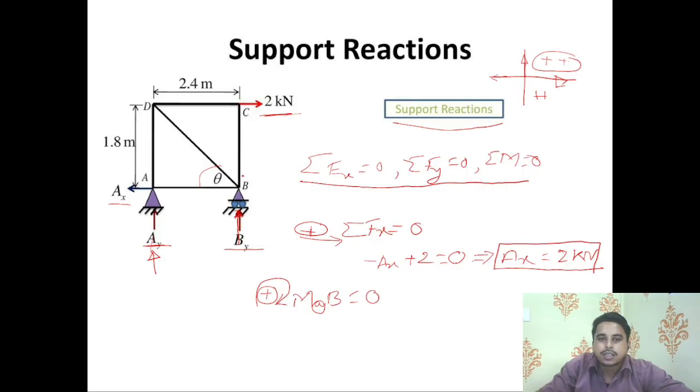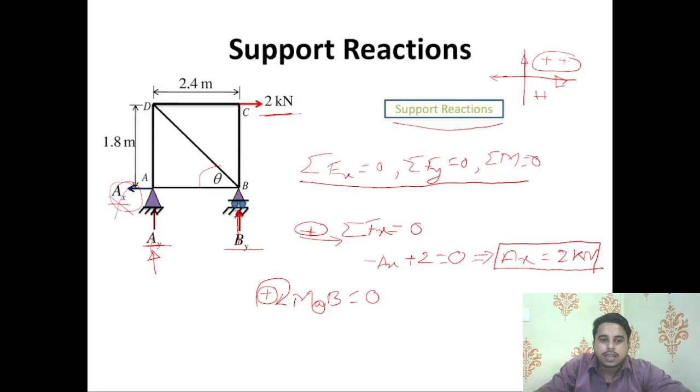Then what are the forces? For that, moment will come, that is 2 kilonewton and Ay. Ax will be nullified because the Ax force is acting across the point B from where we are taking the moment. So Ax is nullified.